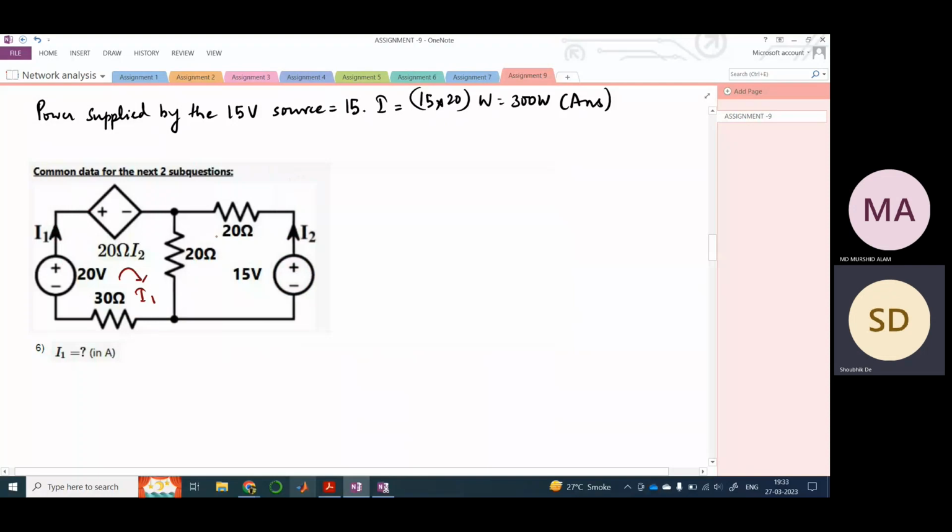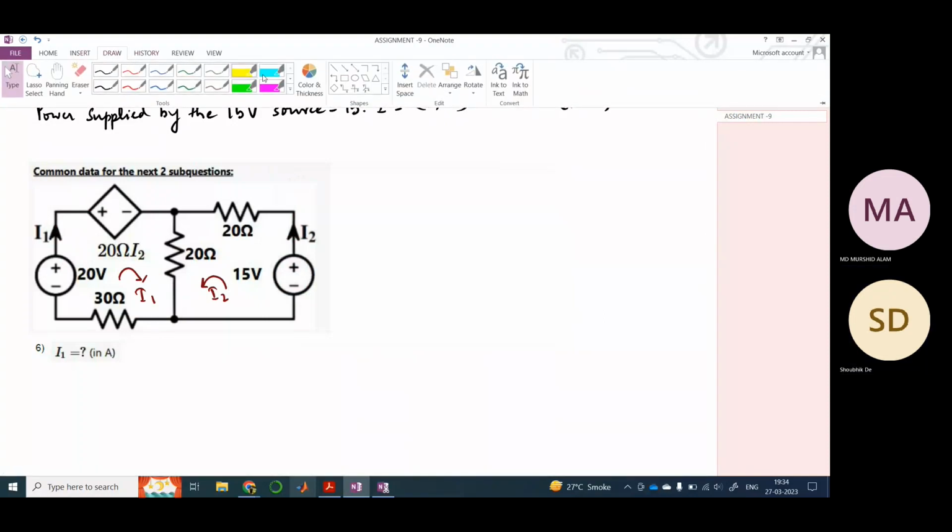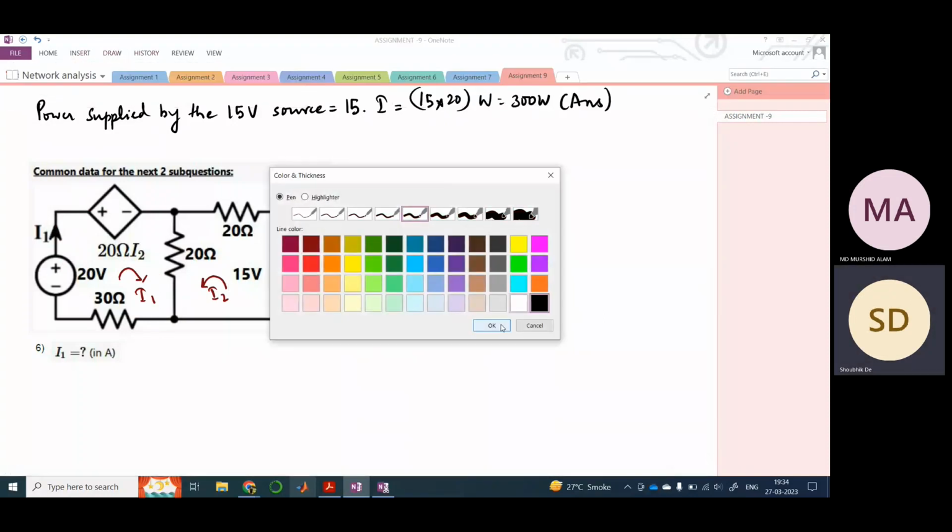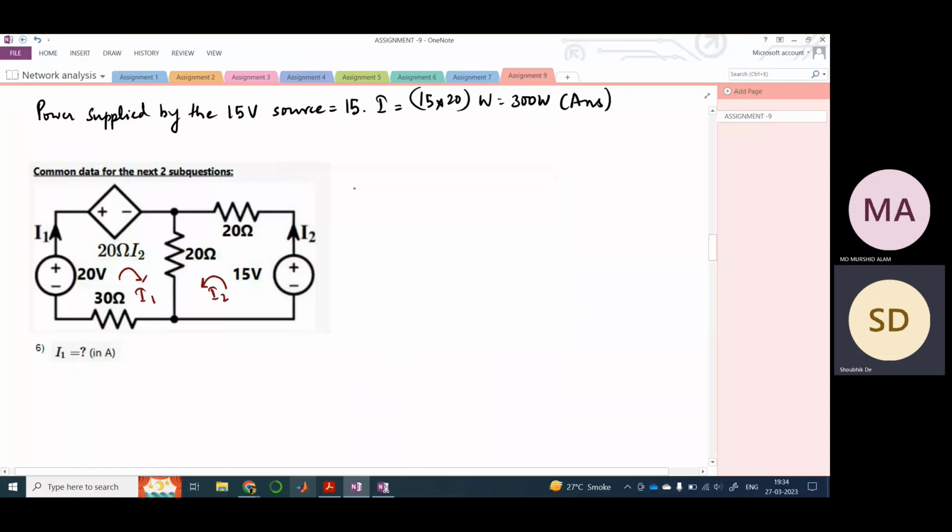Therefore, we can write it as I1. Similarly, here also this is I2, and the directions of current I1 and I2 are opposite, because you can clearly see I2 is flowing in anti-clockwise direction and I1 is flowing in clockwise direction. Therefore, this would be the direction of current. Now we can start solving.